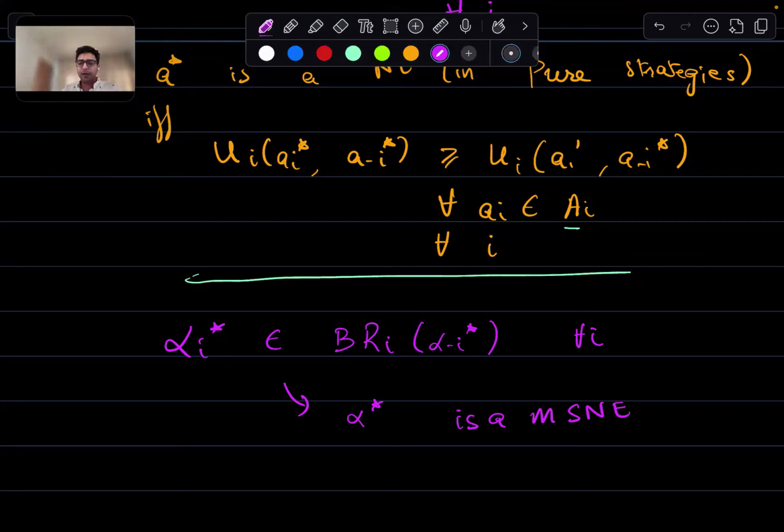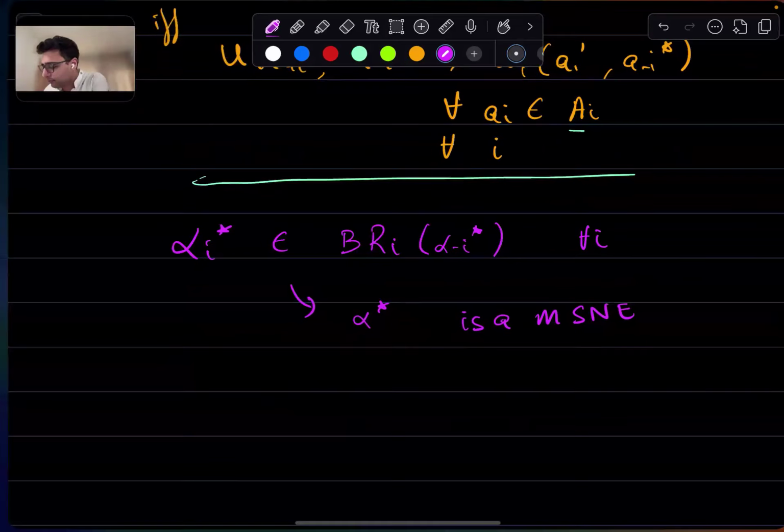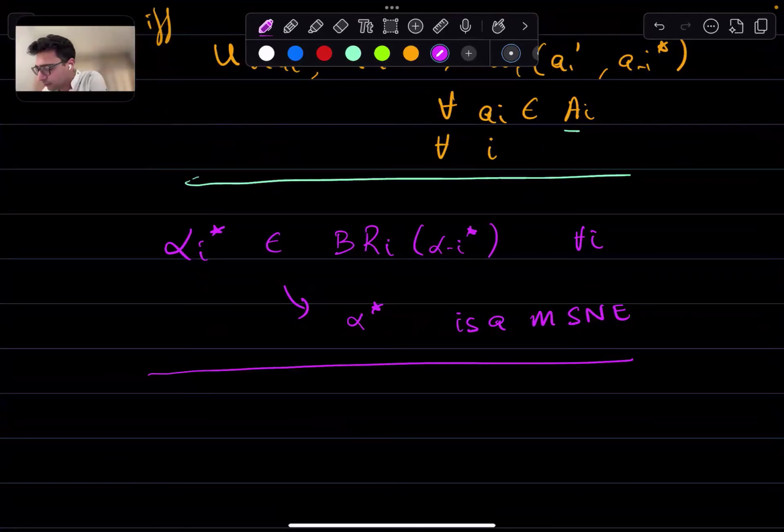Okay. And the best response is defined the same way as we had earlier. So we find the mix over all possible actions that maximizes player I's utility.